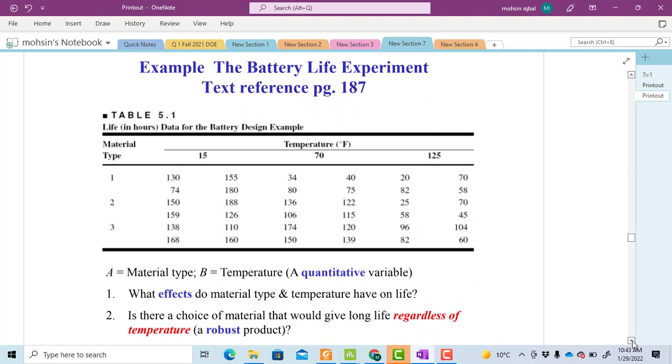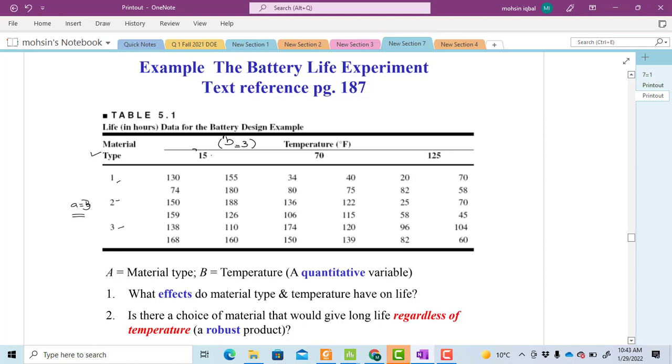So A is equal to 3, meaning the levels of the material type are 3. B is temperature, and B is equal to 3, meaning the levels of temperature are 3. The levels are 15, 70 and 125, where material types are denoted by 1, 2 and 3.